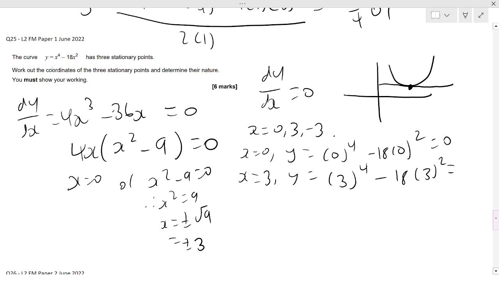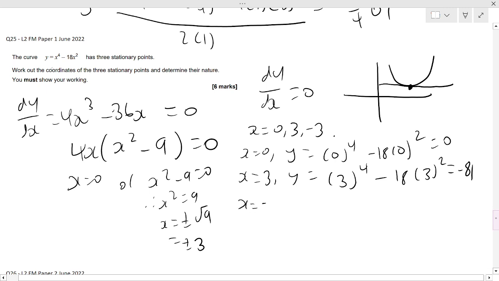I put that into the calculator. You would get 3 to the 4 minus 18 times 3 squared, minus 81. Now, this was a non-calculator question. It's not too bad to work out without a calculator, but just to speed it up, and because you would have a calculator, there's no point doing that here. So 3 to the 4 minus 18 times 3 squared gets minus 81.